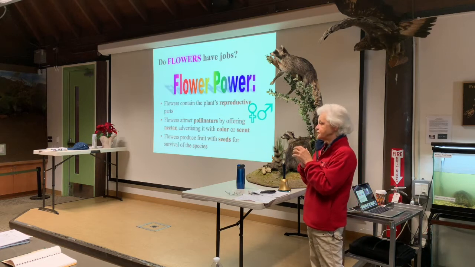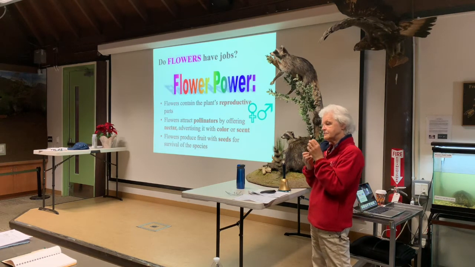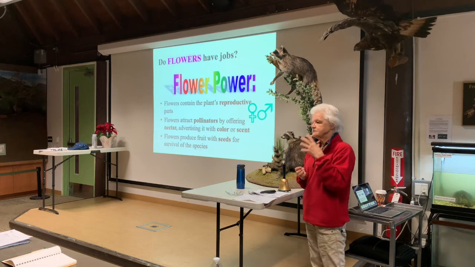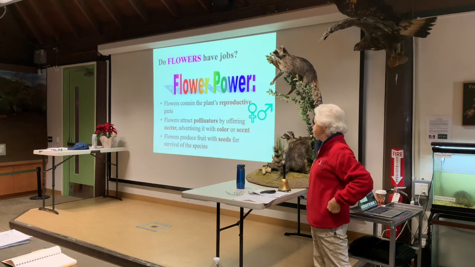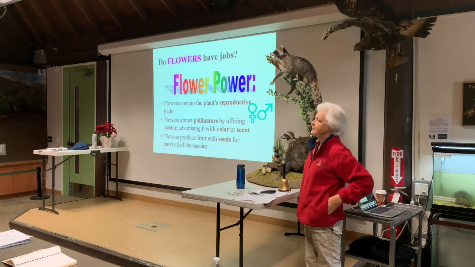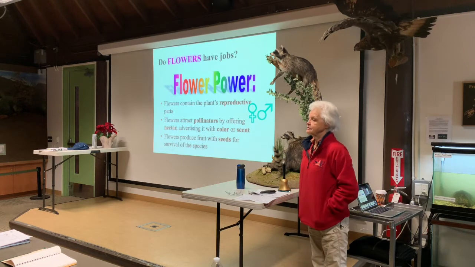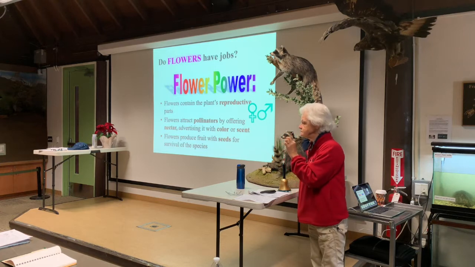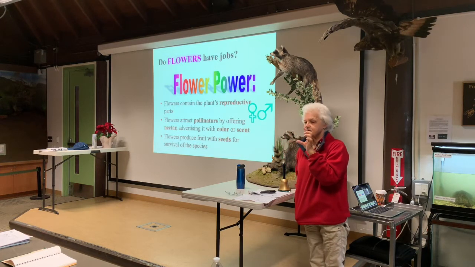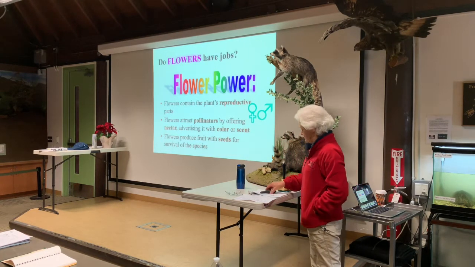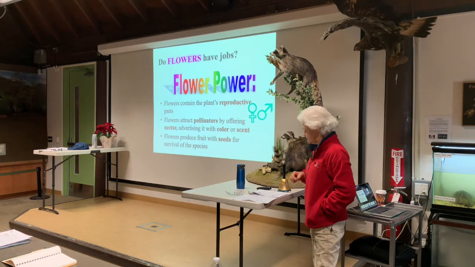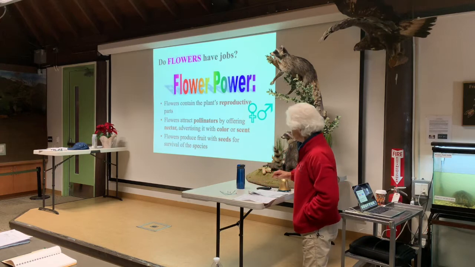But a fruit in the botanical sense can be the hard shell of the buckeye, or the little siliques of the mustards, and so it encompasses all of those different structures.